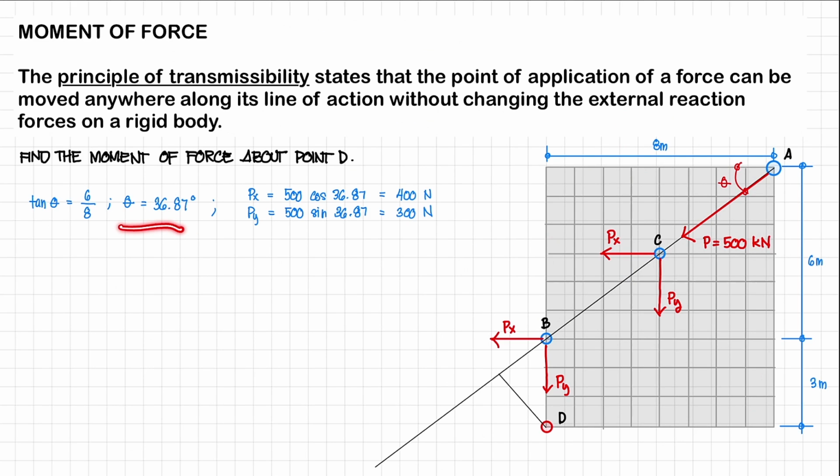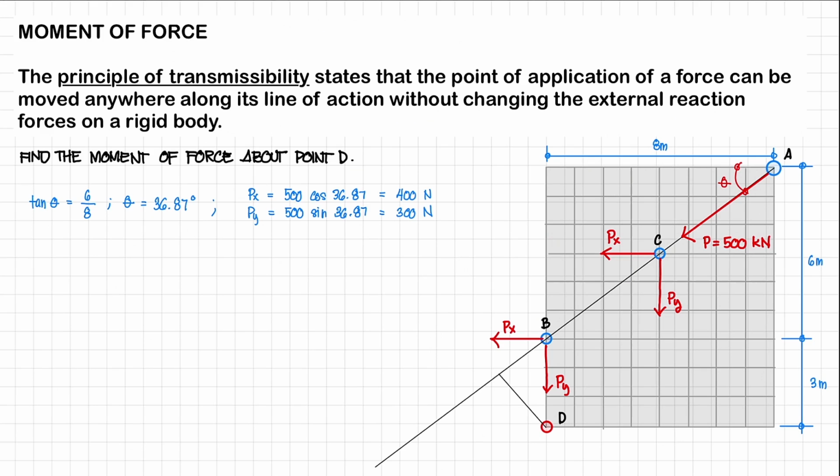Now, since we have our theta, we can now solve for the horizontal and vertical components of our P. For Px, or the horizontal component, it is just equal to 500 times cosine 36.87 degrees, and that is equal to 400 newtons. Now for the vertical component, or Py, it is equal to 500 sine 36.87 degrees, and that is equal to 300 newtons.